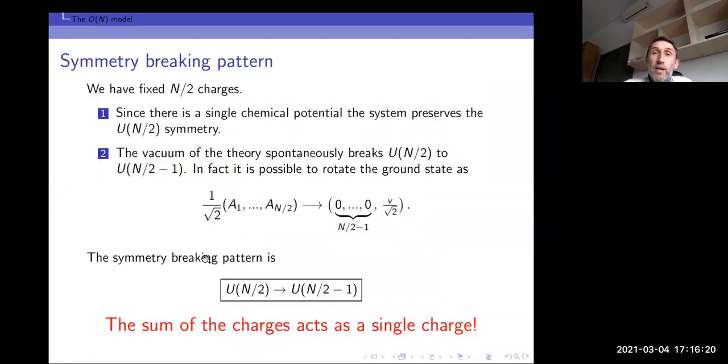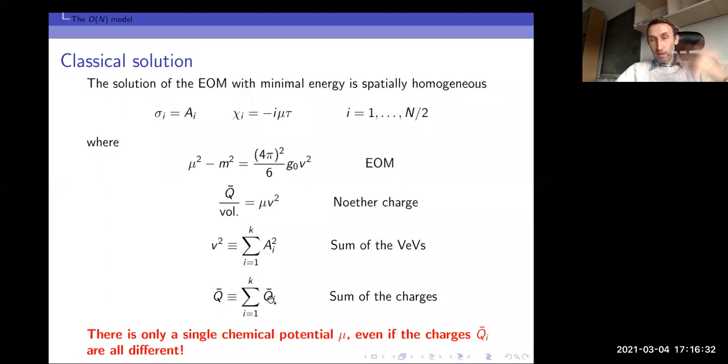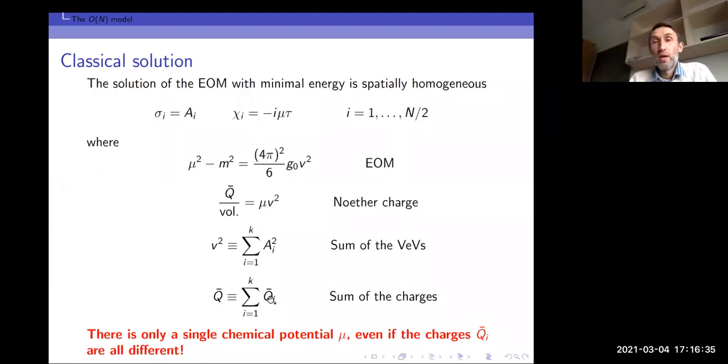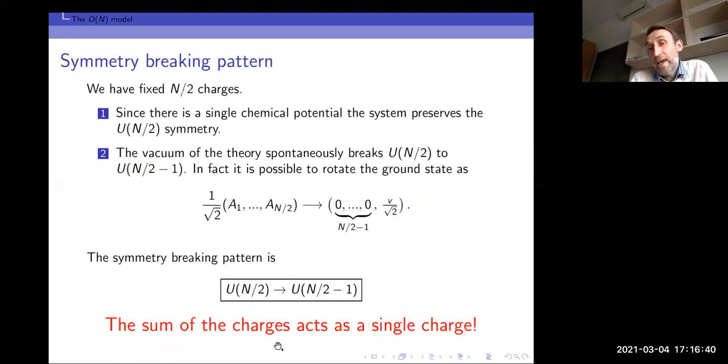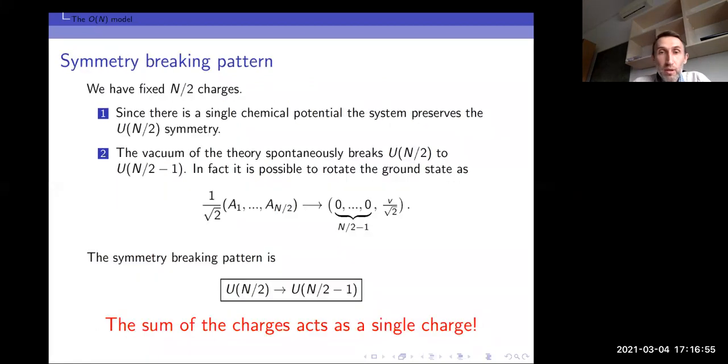And moreover, using the ON symmetry, you can show that you can rotate the ground state in such a way that the sum of the charges Qi, no matter how many of them you introduce, one or n over 2 at most, basically act as a single charge. So the results will be very, very similar to the U1 model I was describing so far, at least at the classical level. I will show a few results in a moment.